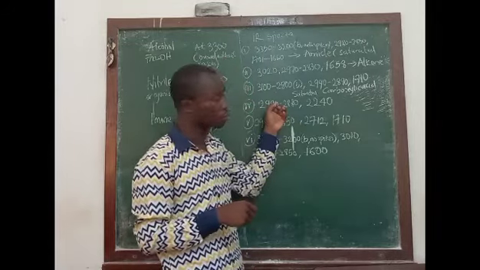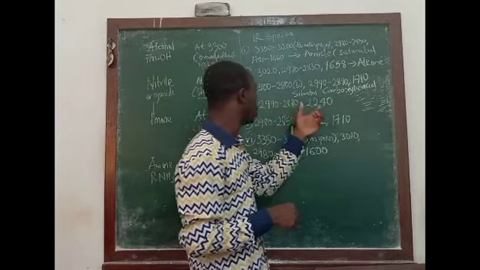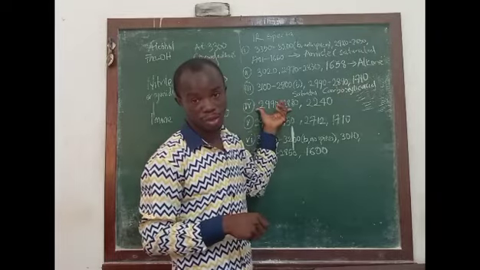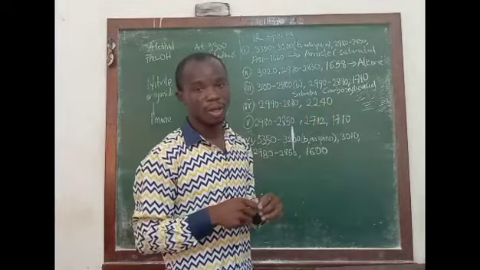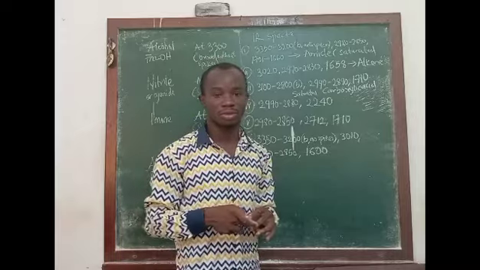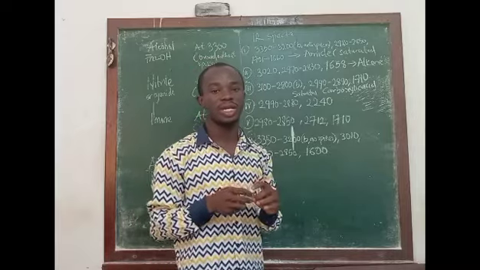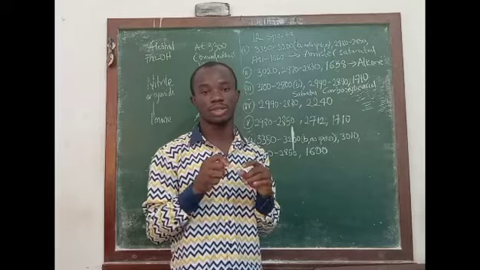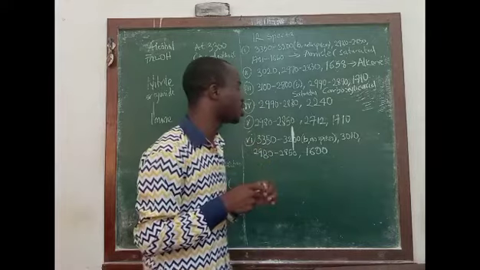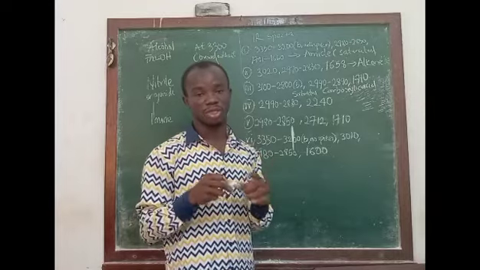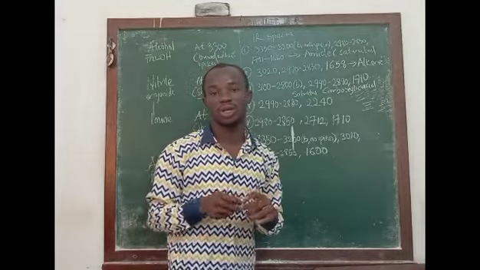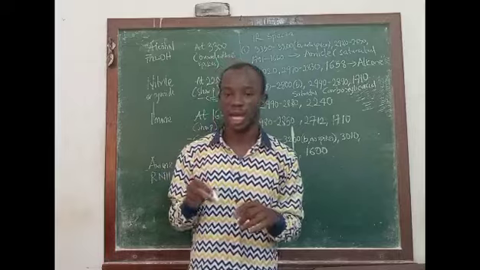Looking at this one, we only have a signal just below 3000 and a signal at 2240. From what we have done in this video, I mentioned that when you see a signal at 2200, it is for your C triple bond N stretching vibration, which is usually found in nitriles or cyanides.